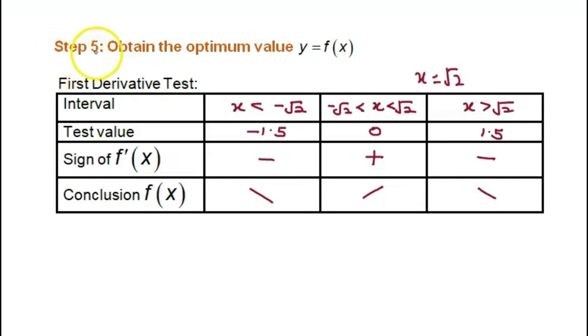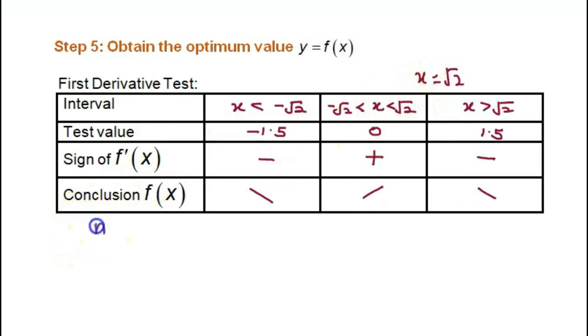Well, we are now in step 5, where we obtain the optimum value according to the question. Based on the first derivative test that has been carried out, we can see that at critical value square root of 2, there is a change in the graph from an increasing pattern to a decreasing pattern. So this is the place where the maximum area happens.